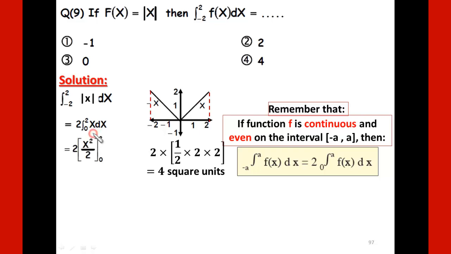And we complete the integration. The integral of x equals x squared over 2, from 0 to 2, and we substitute.